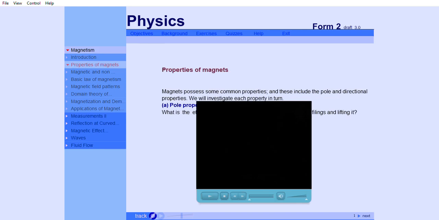Properties of magnets. Magnets possess some common properties.